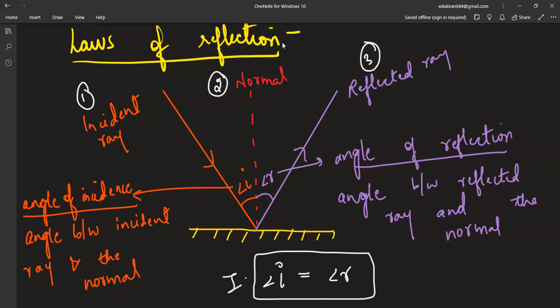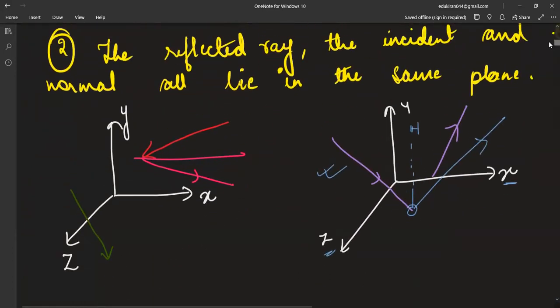Basically, the laws of reflection say angle of incidence is equal to angle of reflection. Angle i is equal to angle r. The second says that the incident ray, normal, and reflected ray, all three lie in the same plane. When I say they lie in the same plane, it means if the incident ray is striking on the XY plane, then the reflection will also occur in the same plane.